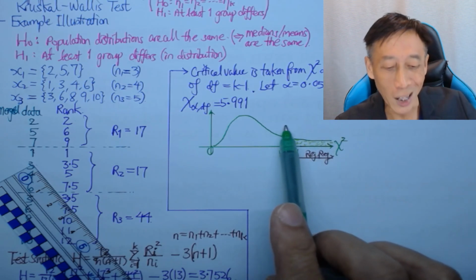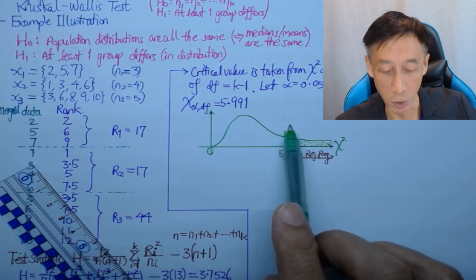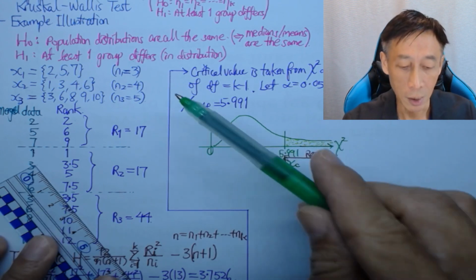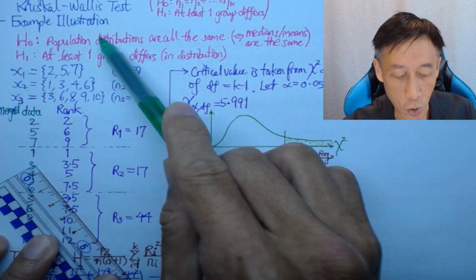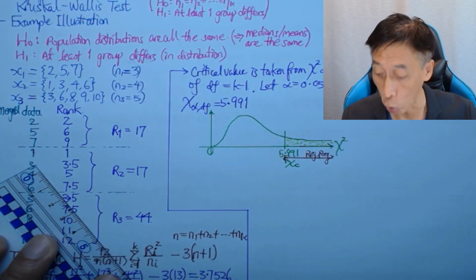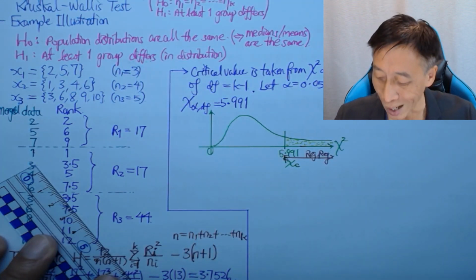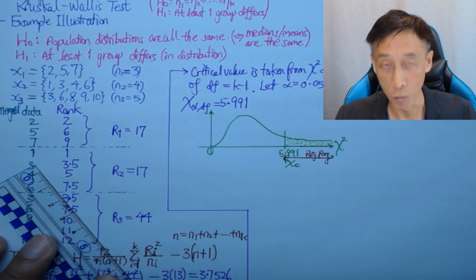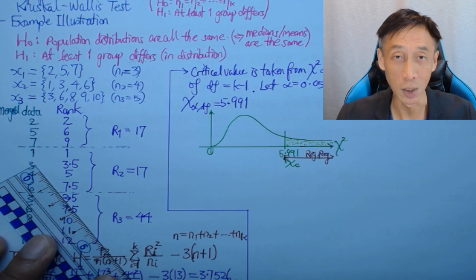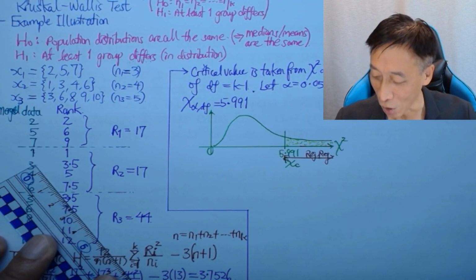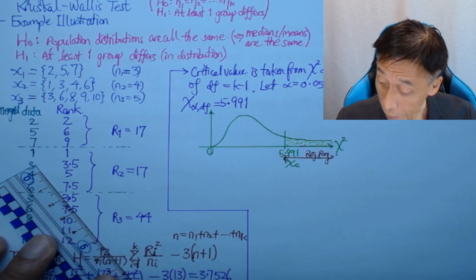So altogether, the error square is very large. It will push the statistic into the rejection region and force us to reject H naught and conclude that something strange is going on. That's the way ANOVA goes as well, even though that was using the F distribution. By the way, chi-square and F are very related. Chi-square is a special case of the F distribution. So you can see the close relationship here.